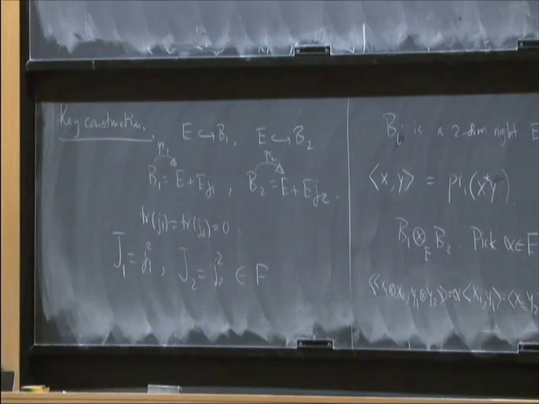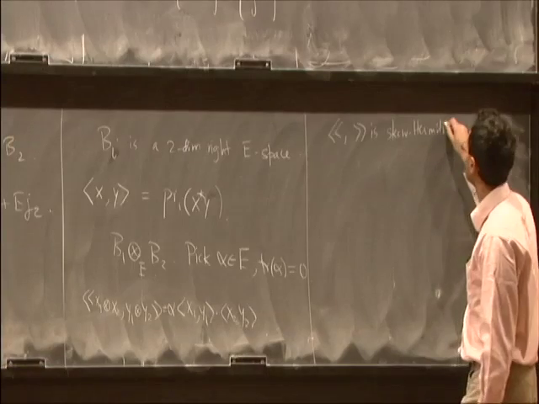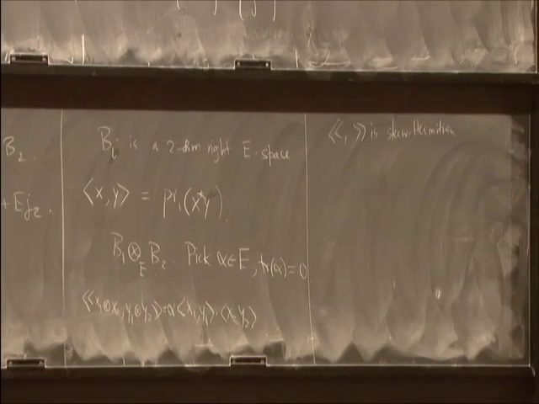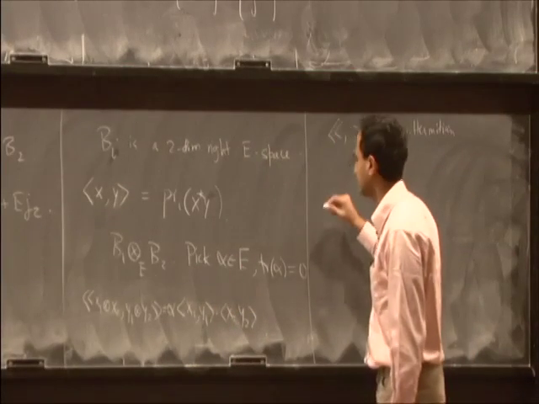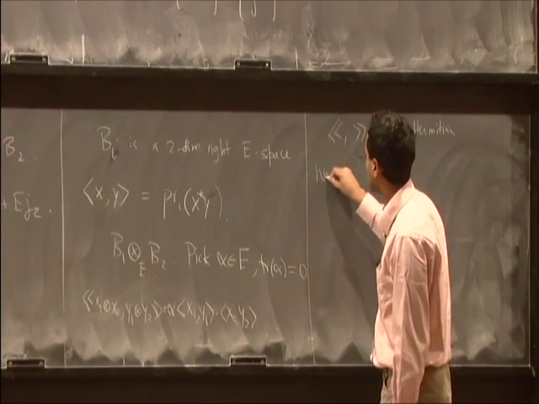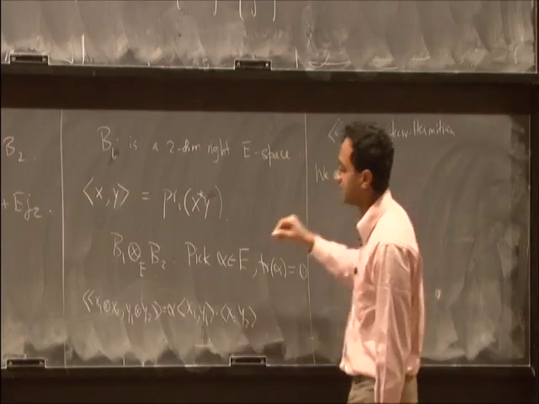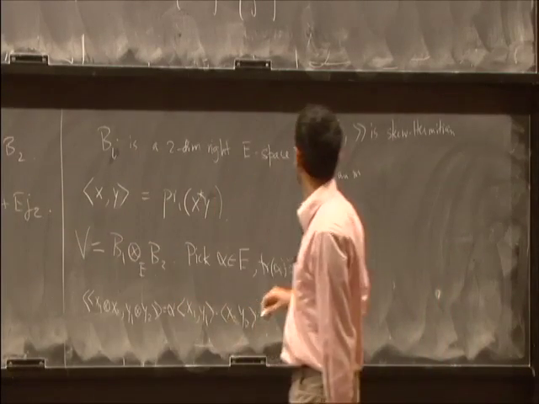So this is skew Hermitian. Now, remember this is a right E space, and I'll call this V.